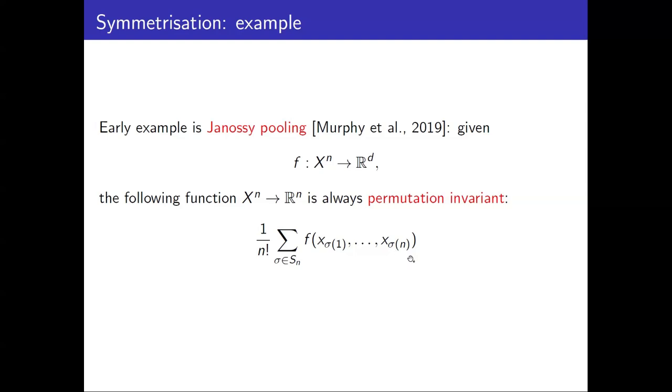So you start with your original f, and instead of returning the value that f produces for a given sequence, you sum its output over all possible permutations of that sequence. And because you're summing over all permutations, necessarily this transformed function will be invariant to permutations of the input. That's the entry level idea that gives us a flavor of how you might approach something like this.